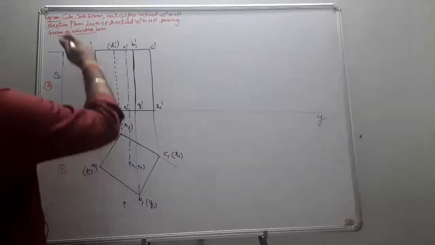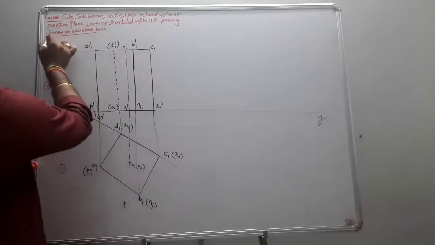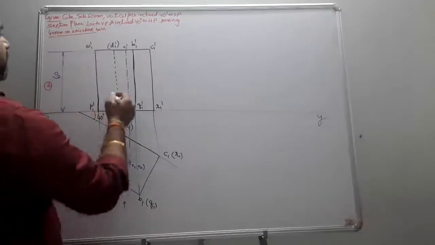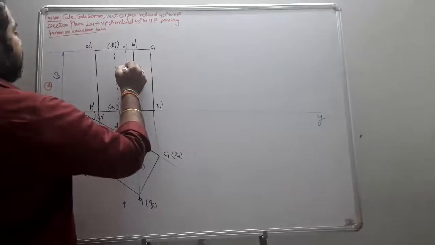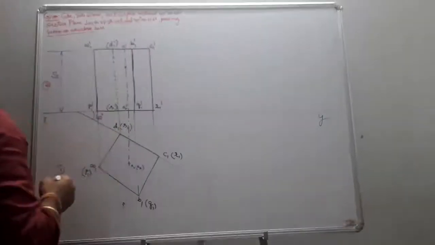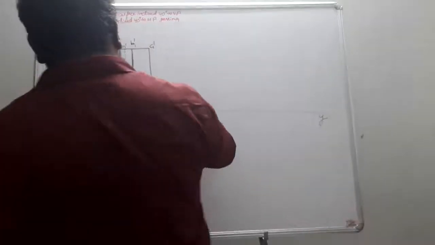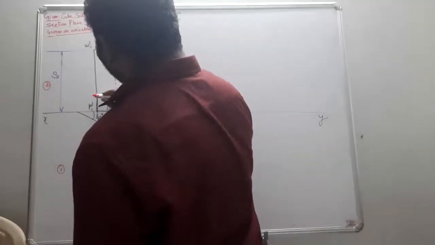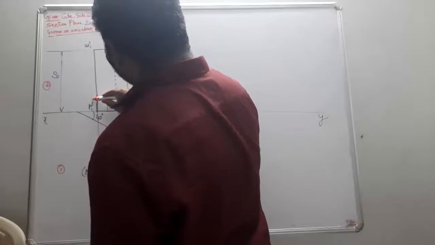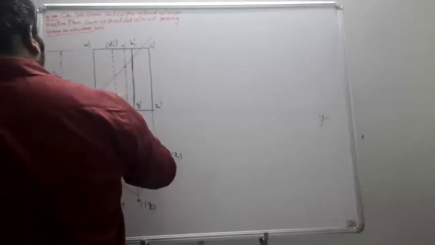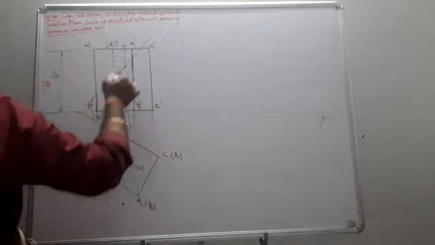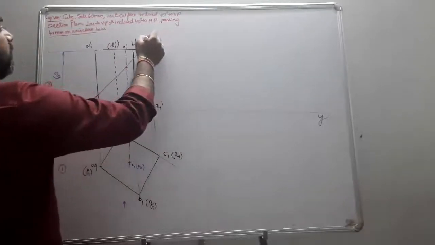Okay, I take this as total 60, so it gives 40 above the base, somewhere here. I take my point as the red point, and from this point the section plane is going to pass, inclined at an angle of 40 degrees.